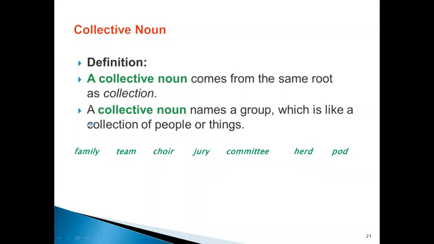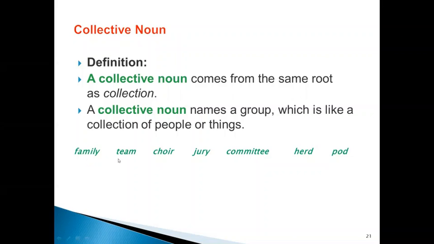For example, father, mother, son and daughter will make what? Family. You'll find also grandfather, grandmother.